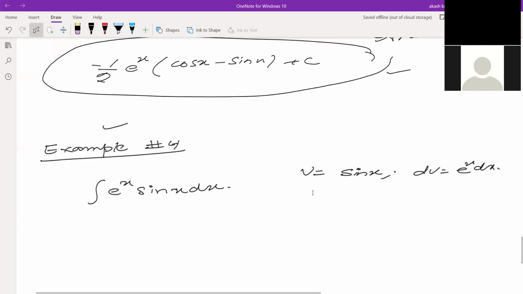So it's going to be sine x e^x minus e^x cos x dx. Okay. Here we have to do integration again two times, right? Yes. Okay.